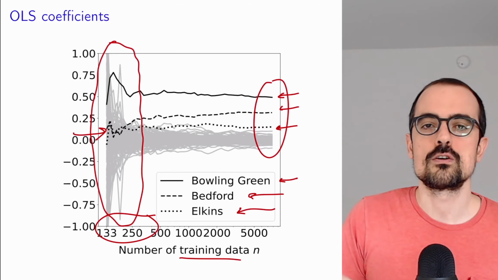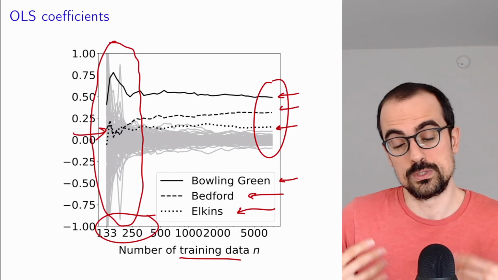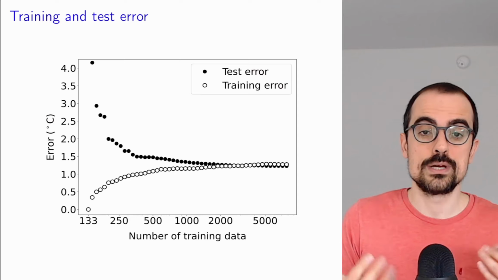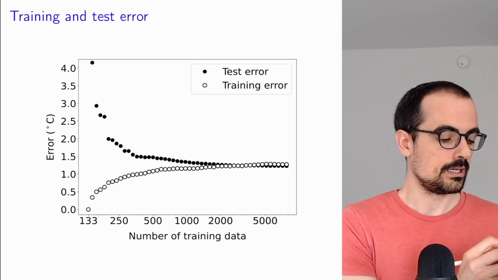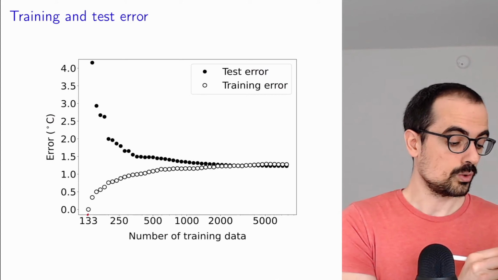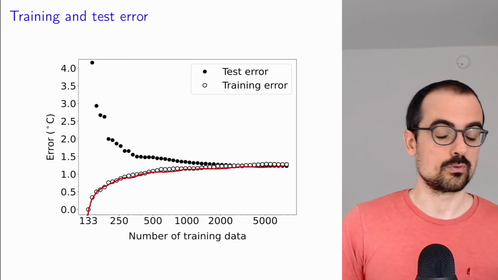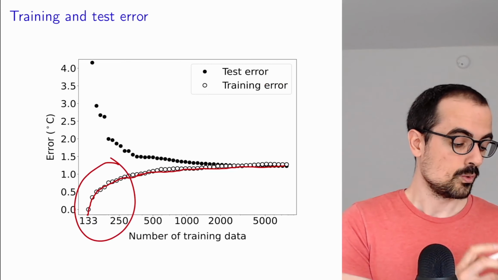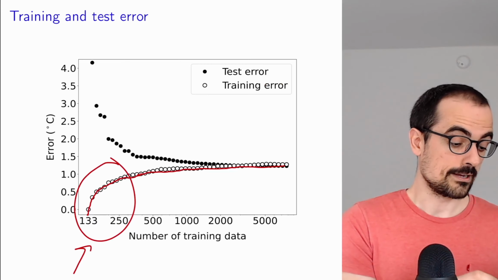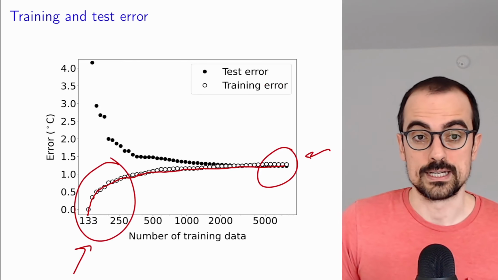We studied all of this in the video on coefficient error, and we showed that it's associated with overfitting. In the video on training error, we showed that we had a good theoretical explanation of what is going on here, where the coefficients are going crazy. We see overfitting in the training error, and also what we see here, where we have a lot of data, we don't overfit the training data.